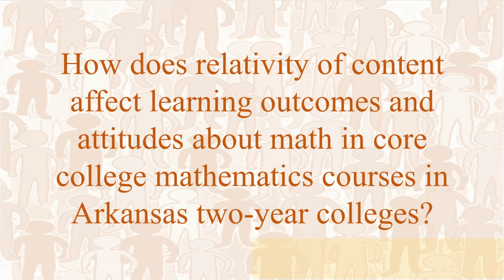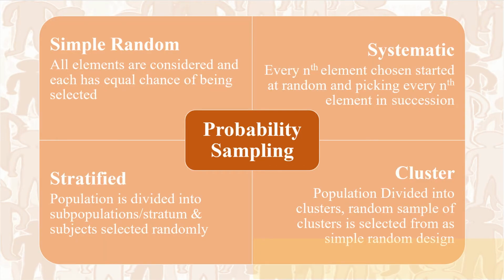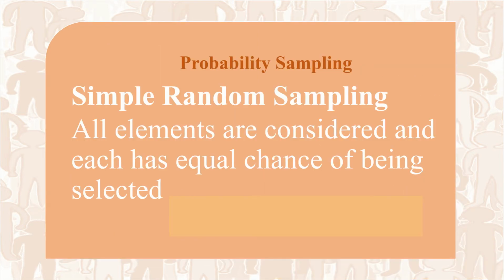The population for this theoretical study is the group of students enrolled in core college math courses in Arkansas two-year colleges during the fall semester of 2020. Using the hypothetical study, examine each of the four probability sampling methods: simple random sampling, systematic sampling, stratified sampling, and cluster sampling.